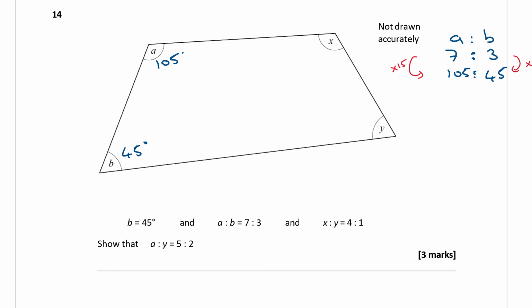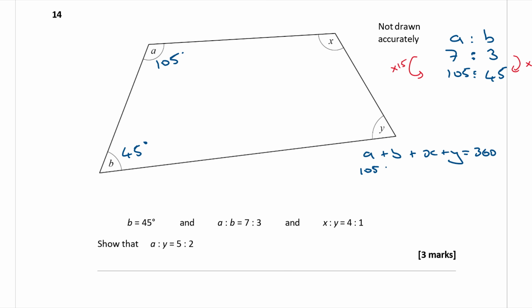Now, we know it's a quadrilateral, so we know that all of the angles add up to 360. So I know that A plus B plus x plus y equals 360. Let me just move it in a little bit. Okay, but we know what A and B are now. We know that they're 105 and 45.